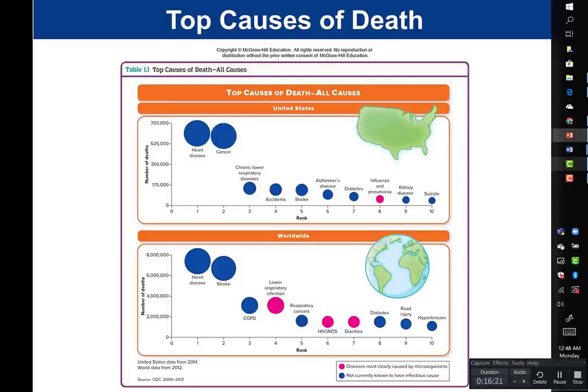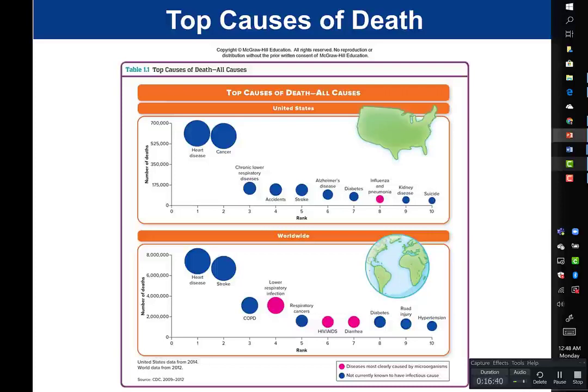Notice if you look at the top causes of death, in the US, the top cause of death is going to be heart disease. There's not really an infectious component to that. It has more to do with diet, lifestyle, genetics, etc.